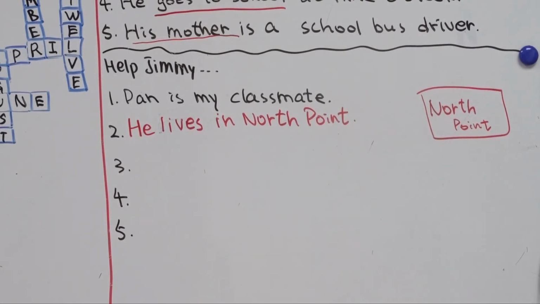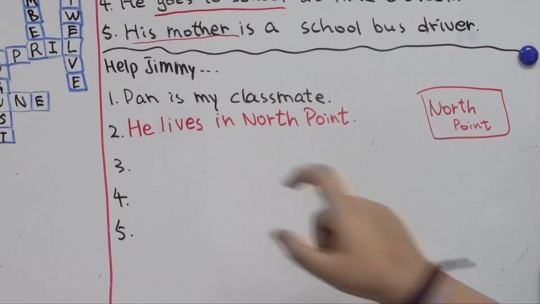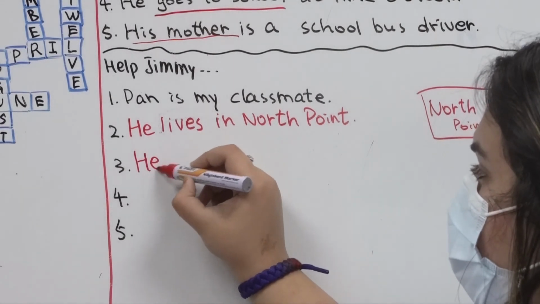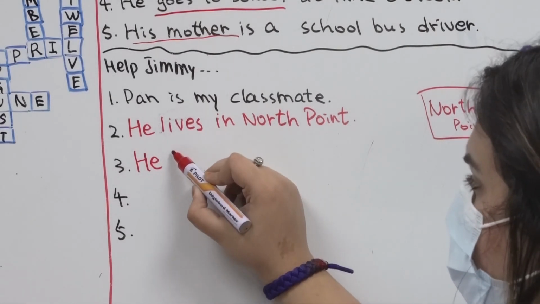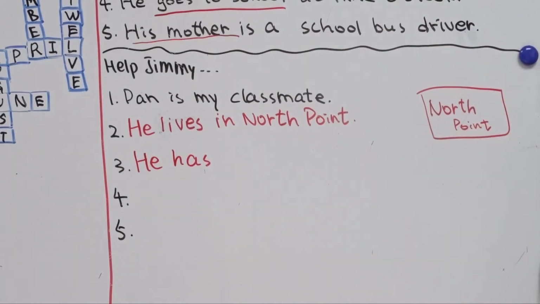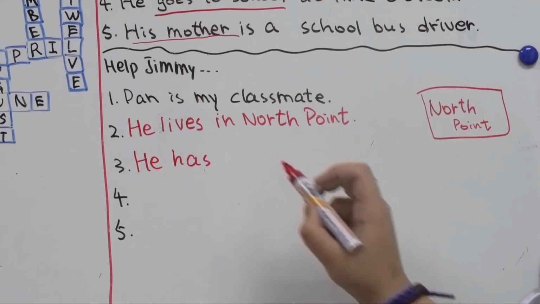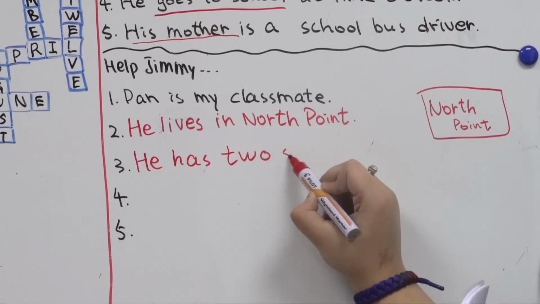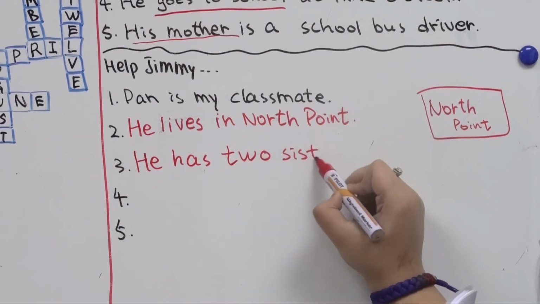And then for the third one, you have to talk about how many sisters and brothers he has got, right? Third one, he has, let's look at the picture. How many boys and girls can you see? There are only 2 girls, right? So basically he has how many sisters? 2 sisters. He has 2 sisters.